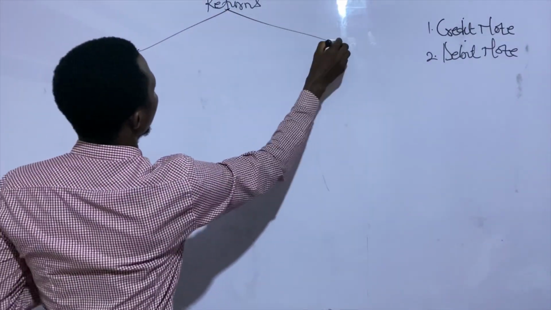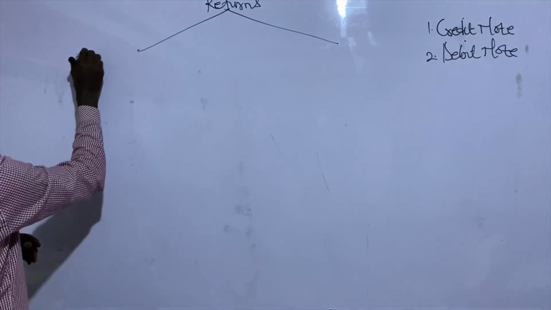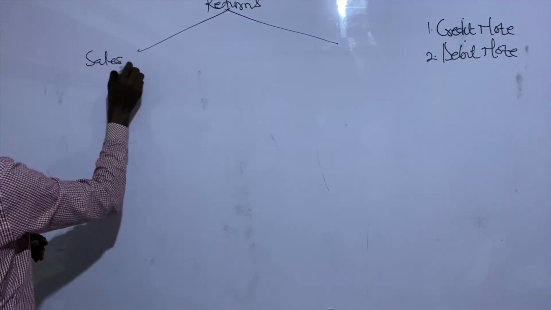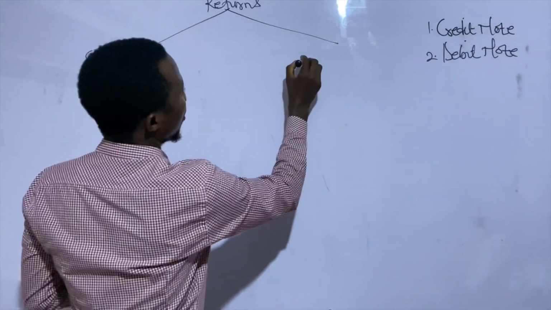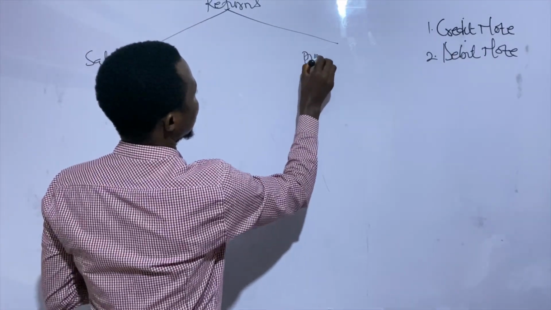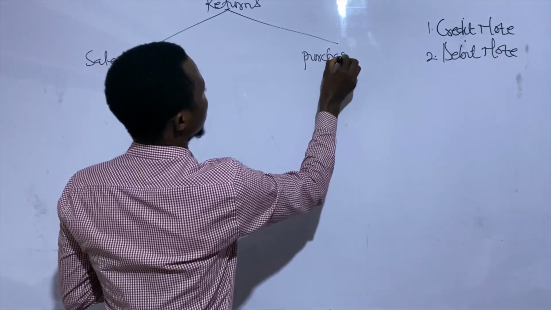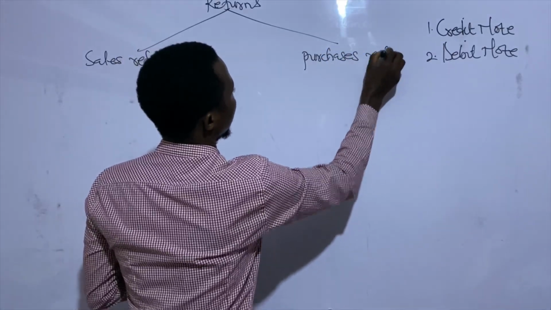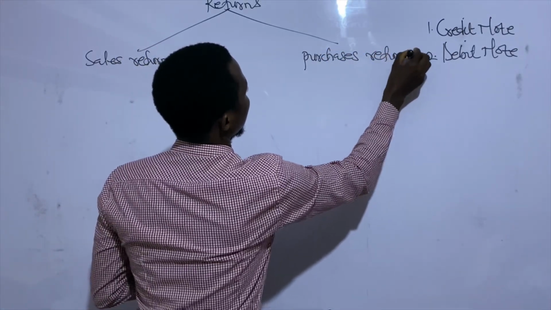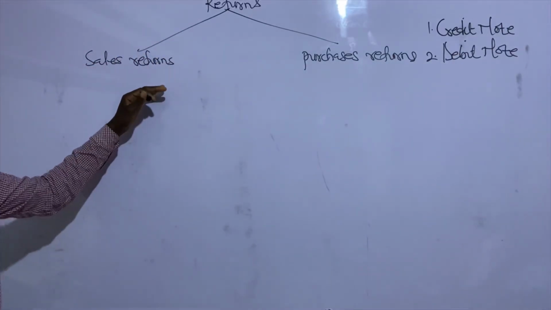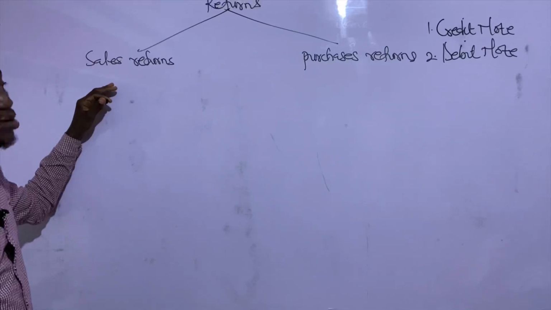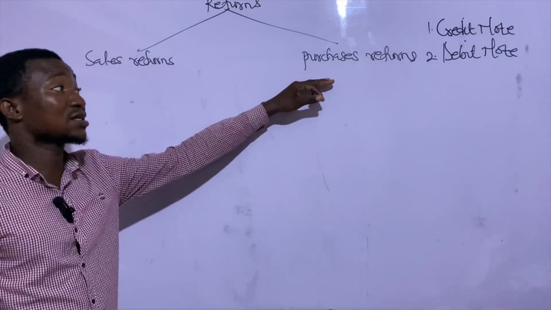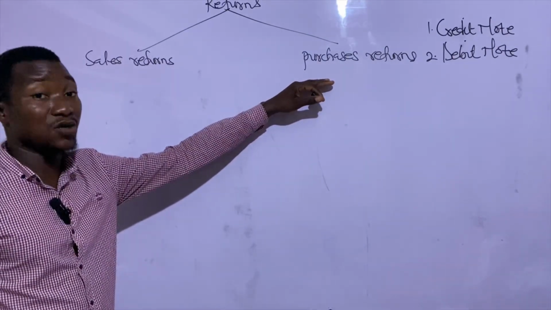So we have sales returns and we have what we call purchases returns. So these are the two returns that we have. Sales return is also known as return inwards, and purchases returns is also known as return outwards.